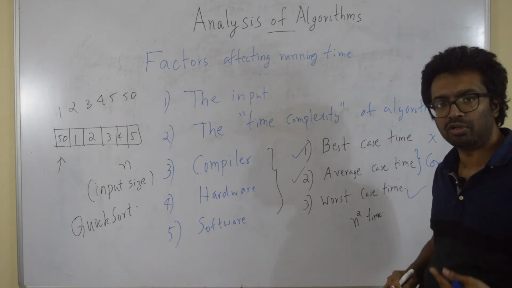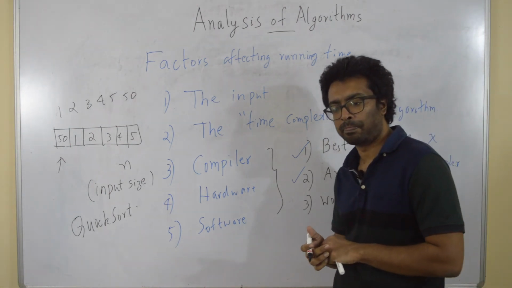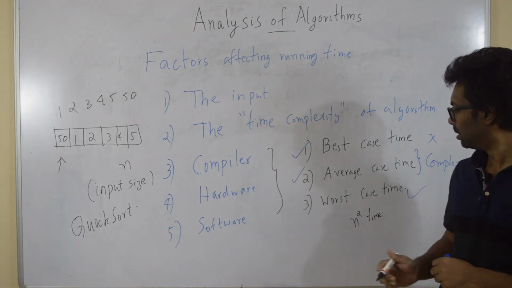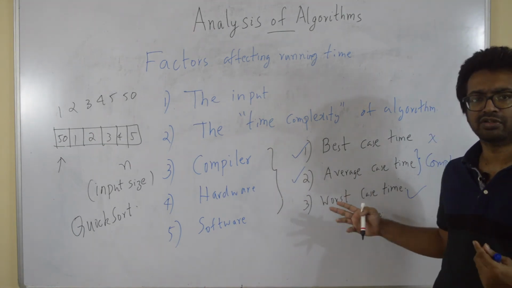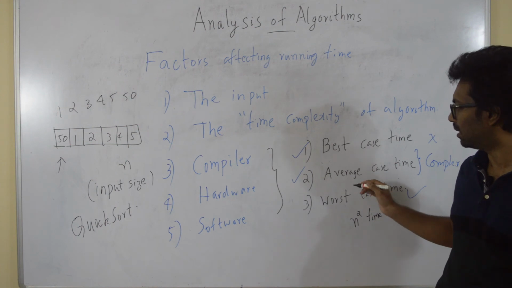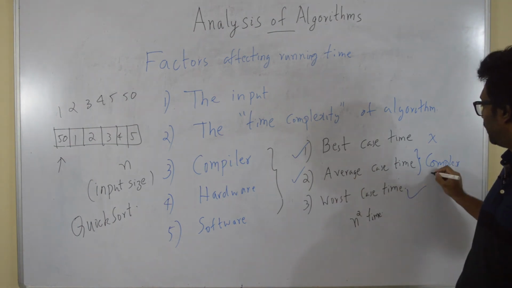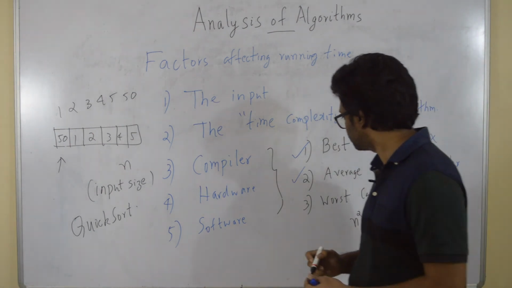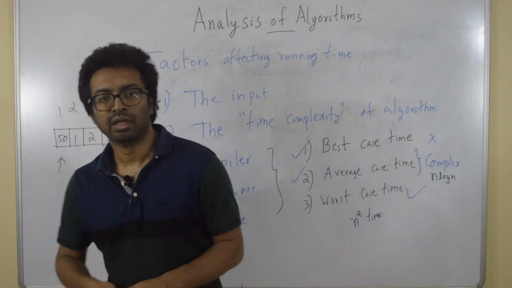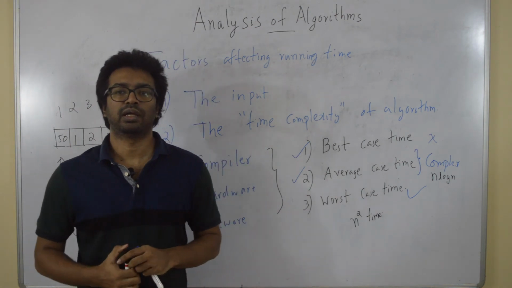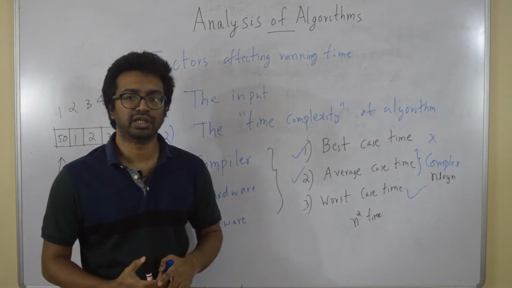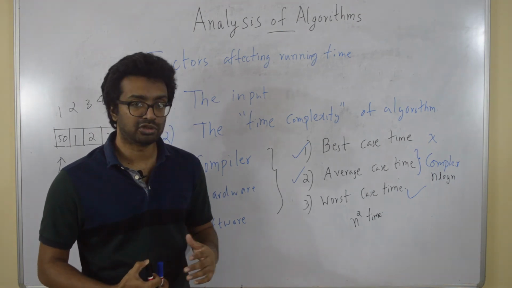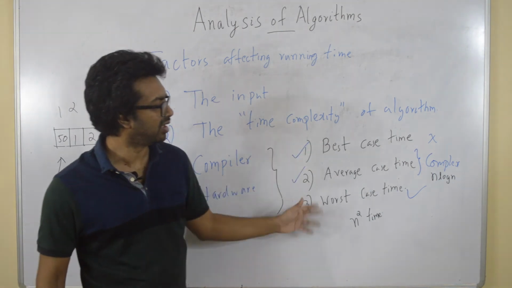We will talk more formally about these things later. So quicksort takes n square time in the worst case, and the average case takes n log n, that is n into log n time. And the best case also takes n log n time. There are other algorithms which take different times for each of these cases.